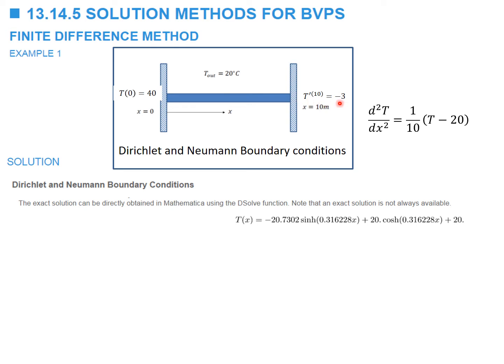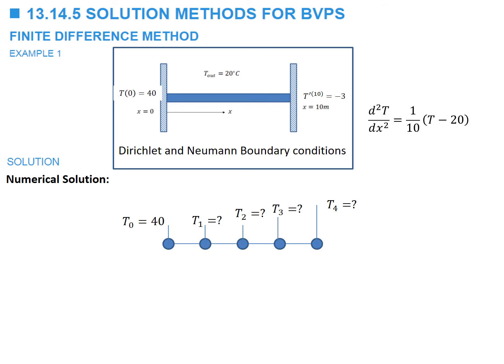It's given as -3. Okay, so we already have the exact solution. We can find it using Mathematica, and it's given as this function. So we're going to do a numerical solution and compare it with this exact solution.